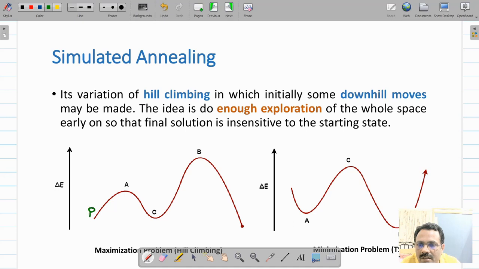Suppose this is where you have started. This is your starting point. Then the algorithm will try to find the maximum among the available options. So this is the better point available. So the next solution found will be along this particular path, because it's a maximization problem.